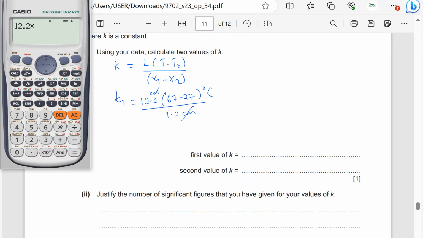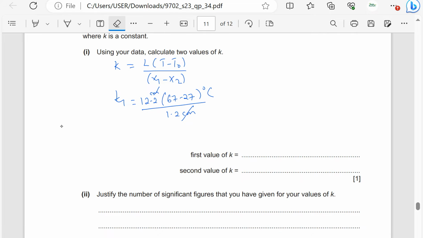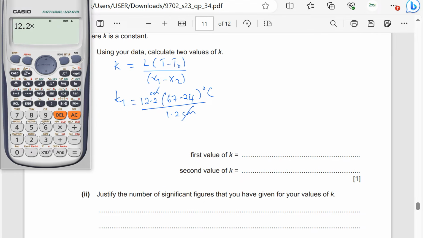12.2 times 67, no, room temperature was 24. 67 minus 24, so that is 524.6, and we divide this by 1.2, that is 437.